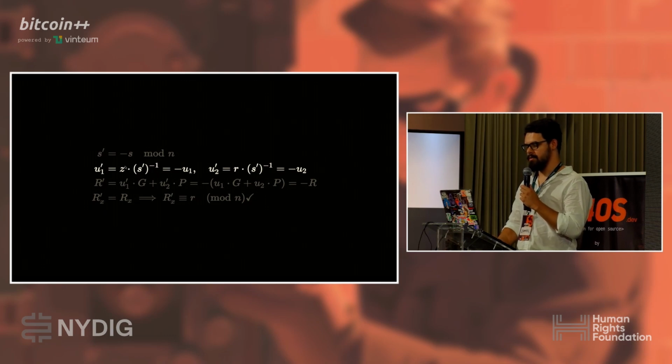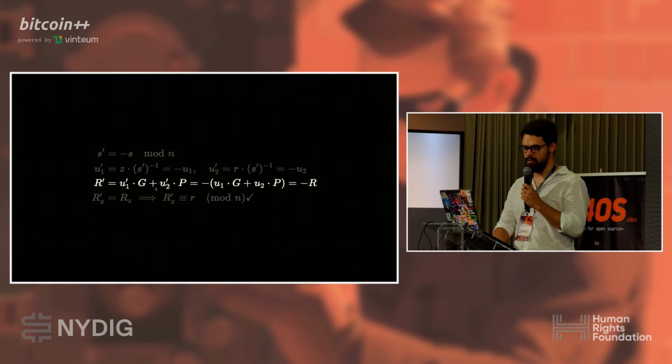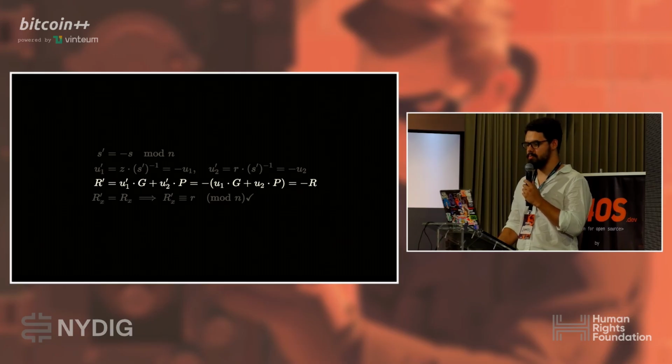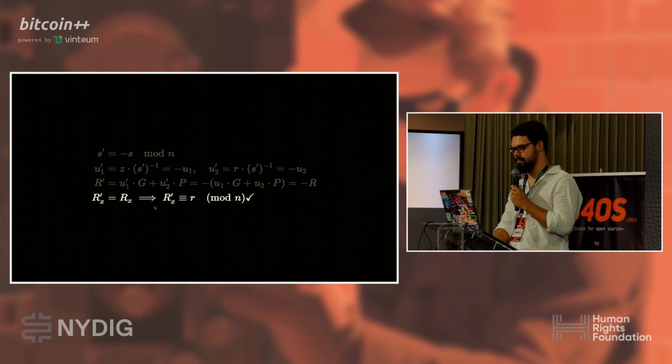I take my commitment times now my S prime, and then my nonce times S prime again. If I do the computation, I'm going to get minus R. But it doesn't matter to us because in the end we are going to do the mod n operation. So the minus here would turn to the same value, so that the signature is still valid.